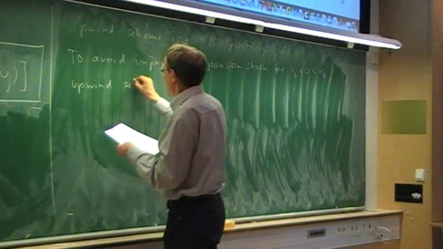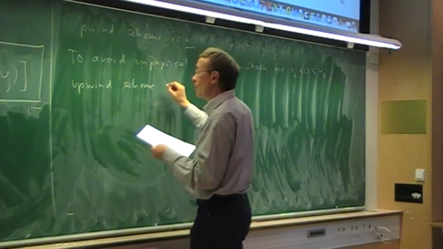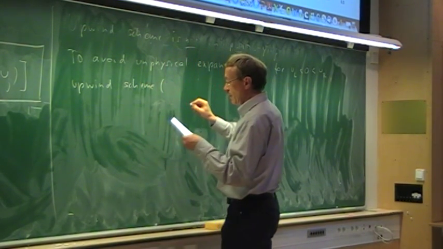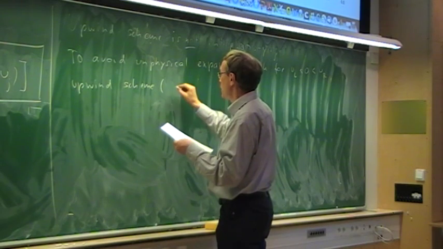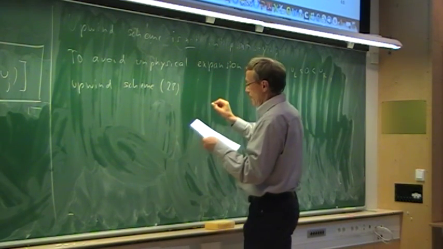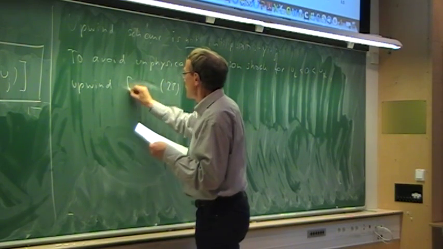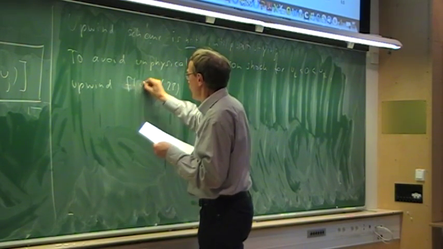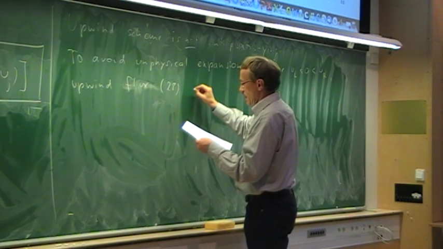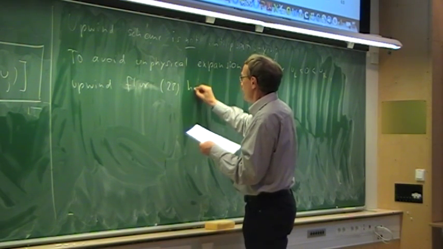So the Upwind scheme that we saw, that is the Upwind flux, equation 28, has to be modified.